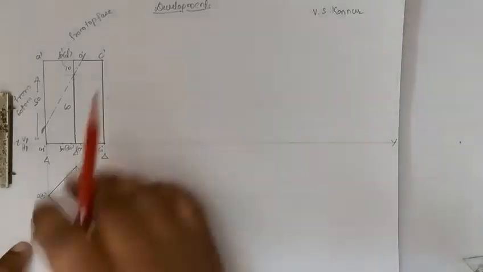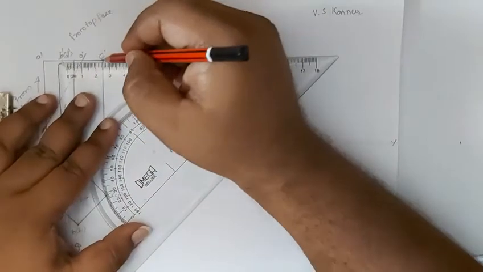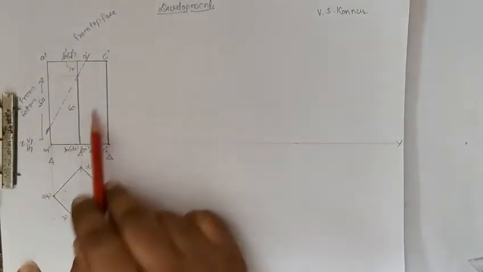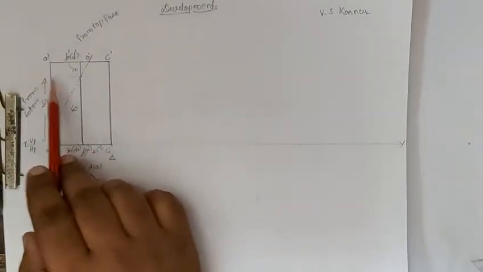Right, the below-section part you have to make dark. This bottom part you have to make dark. This part leave as it is, less dark.